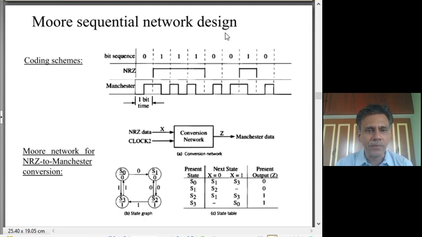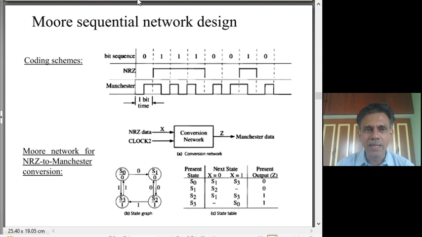So here is a case of designing a Moore based sequential finite state machine for a problem of encoding bits which need to be transmitted from one computer to another. So we will have 2 computers, one we will call a transmitter, another a receiver. We may have a link between them, wired or wireless, through which we have to send bits.